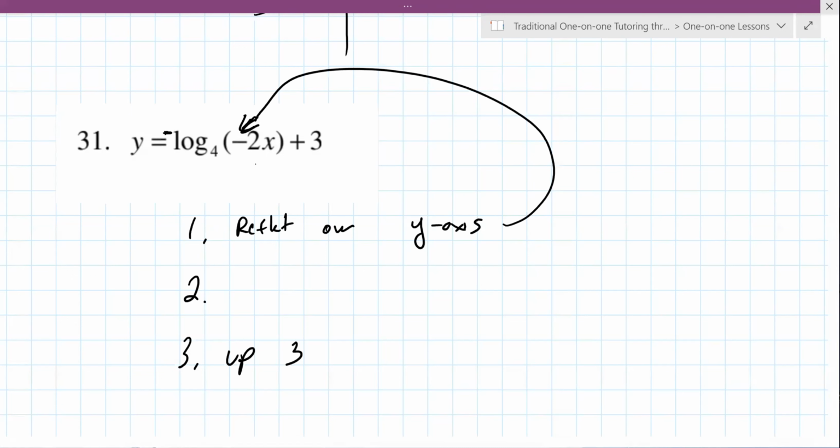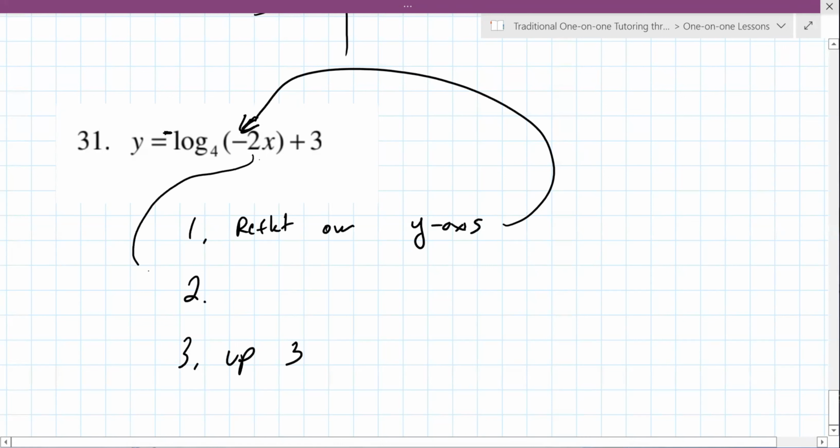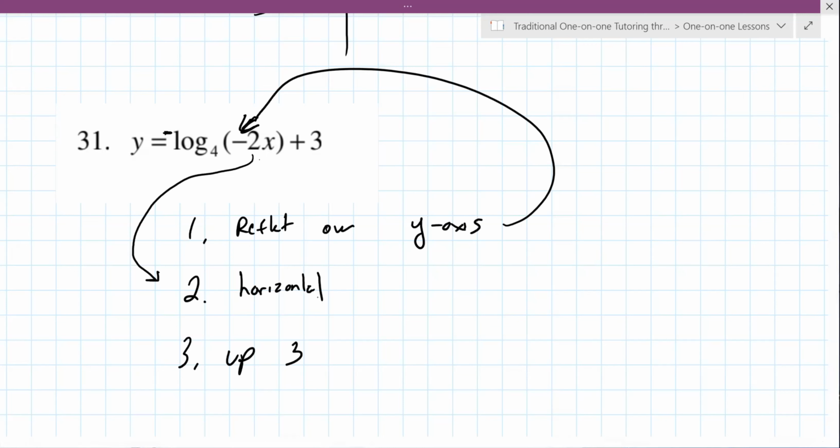Now the 2 is where it gets a little bit complicated. It's a horizontal, and I've got to be careful with the words here. The language is really bad in most classrooms. If the number is bigger than 1 on the outside, it's a stretch. But if it's bigger than 1 on the inside, it's a compress.